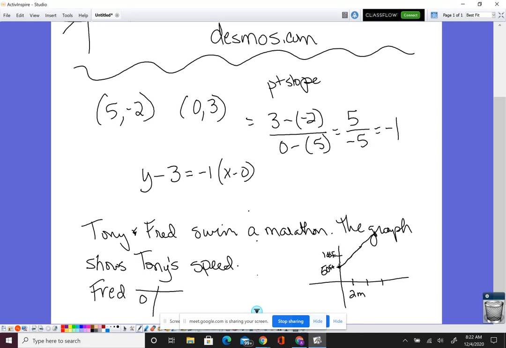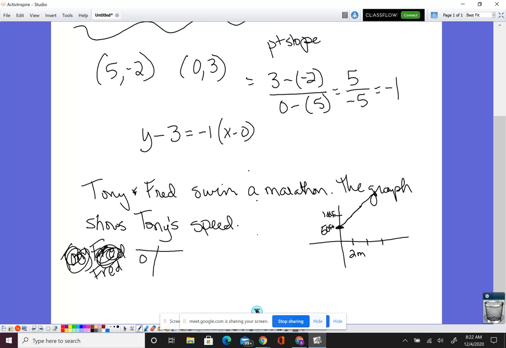And this would actually say that Tony starts out 50 feet in front of Fred. I can't get my name straight. And he swims at time 0, he's at 0.